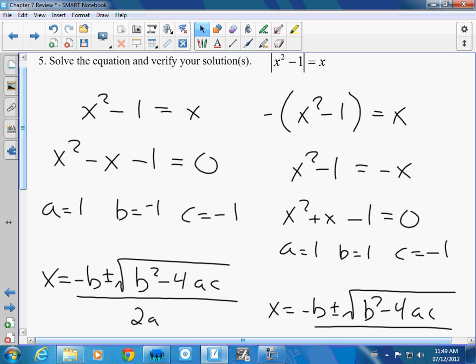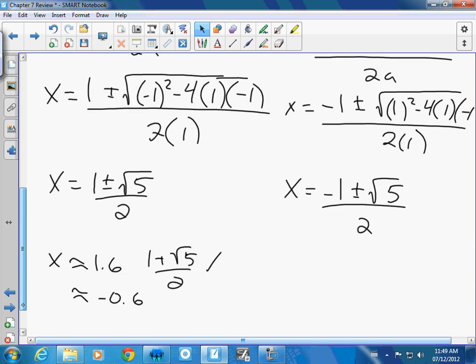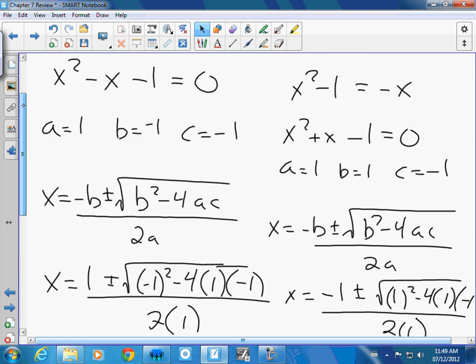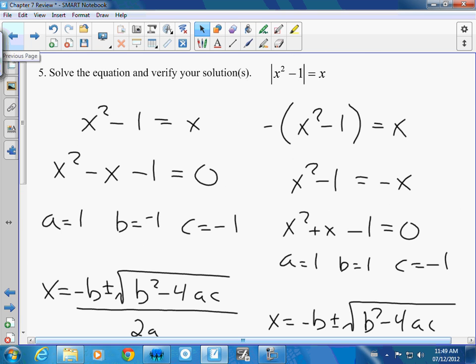Yeah, we're good. Nice. Now look. Oh. What's the answer here? This approximately? Negative 0.6. Now go back up to the original. Could you ever have an absolute value equal a negative? No. Oh. Do you even have to do the math?